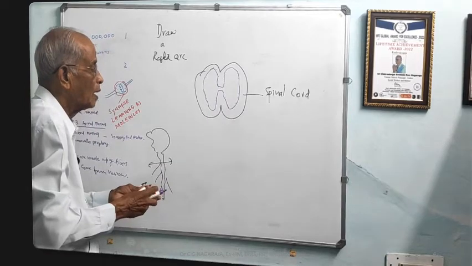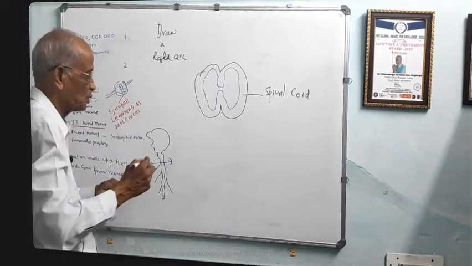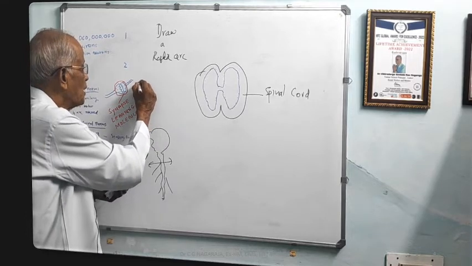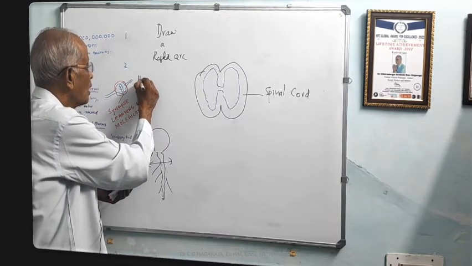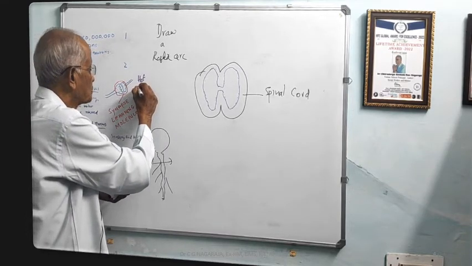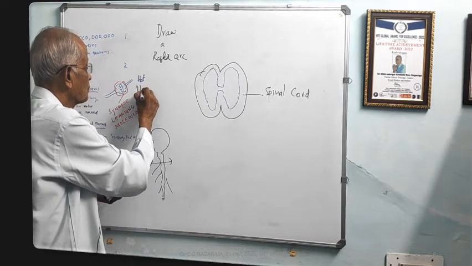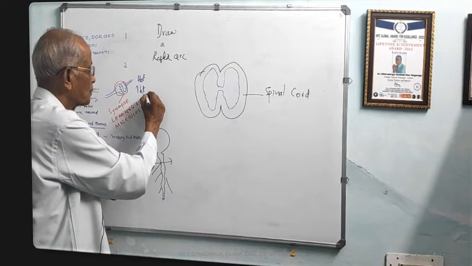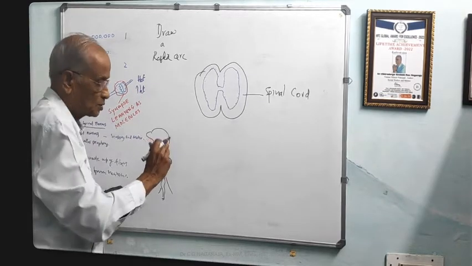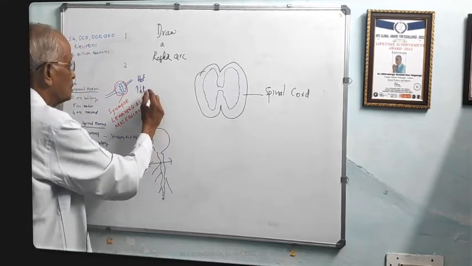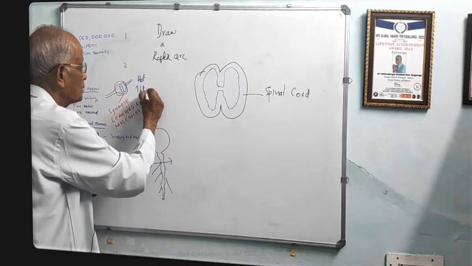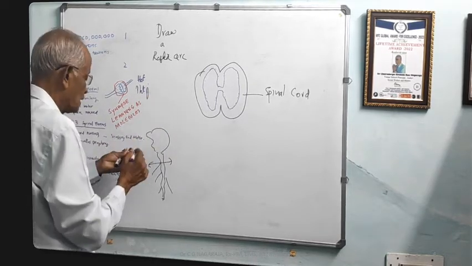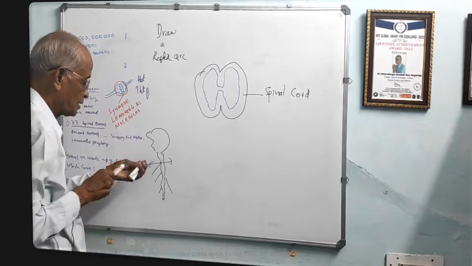Now, what is reflex arc? Supposing I touch a very, very hot plate. If you touch a hot plate, there are what we call the sensory nerves, and these sensory nerves I will write in a different color.